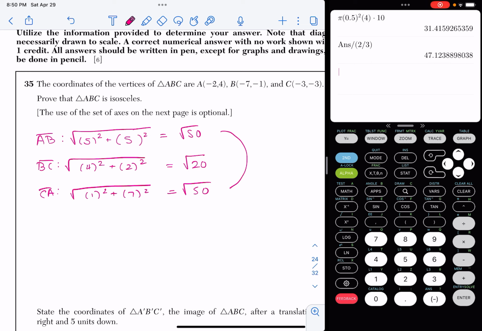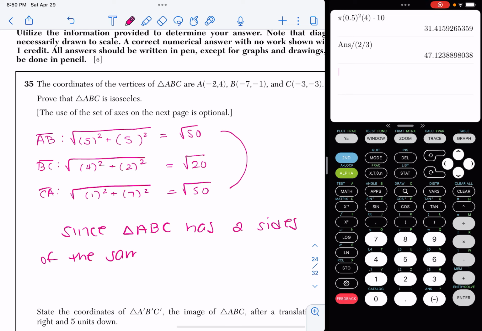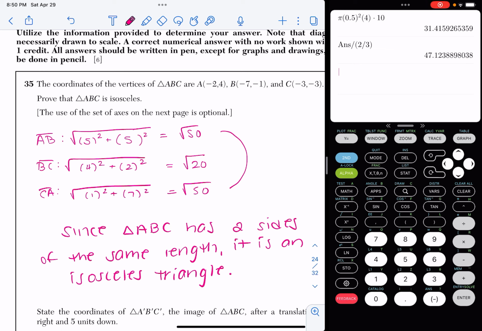So I'm going to write a concluding sentence: since triangle ABC has 2 sides of the same length, it is an isosceles triangle. Our sentence at the end is just recapping what work we have shown so far.